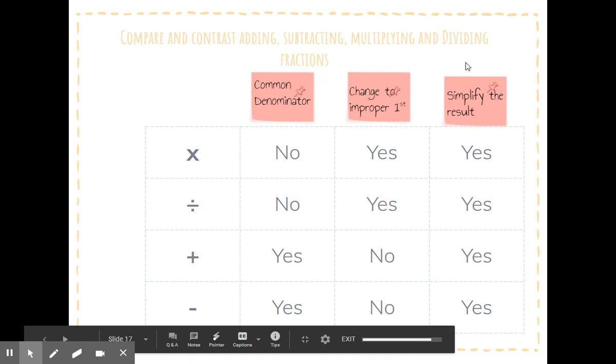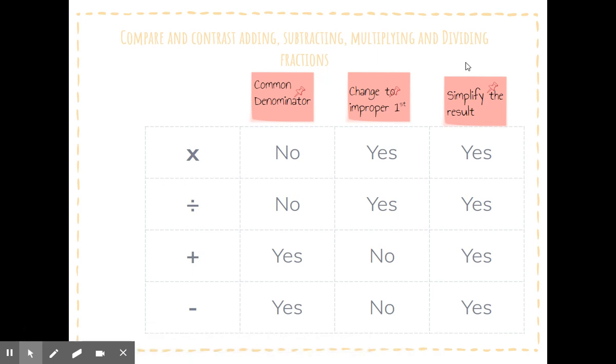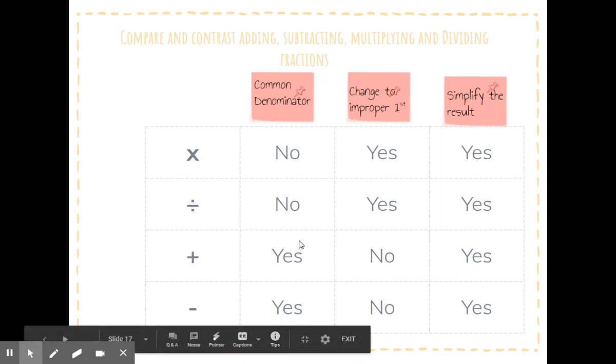Okay, so the big picture with fractions is right here in this checkbox. We have spent 2 weeks on multiplying and dividing fractions earlier this year. And when we did that, did we have to have common denominators to get started for multiplying and dividing? No, we didn't. We have to do that for adding and subtracting.